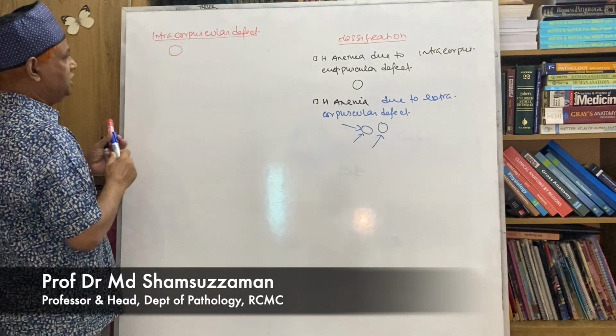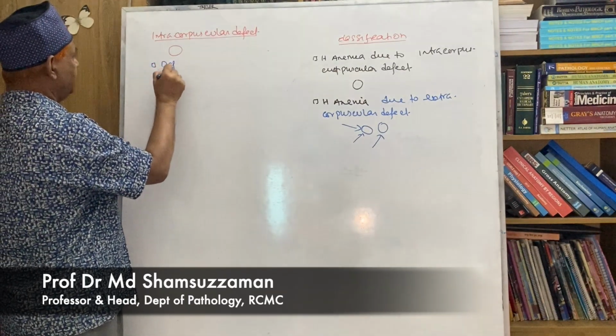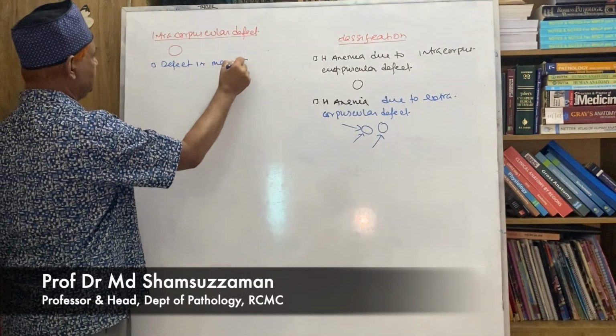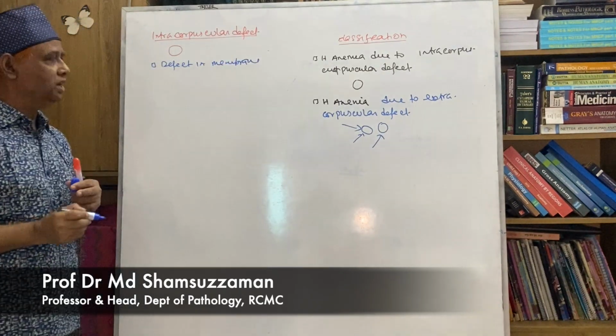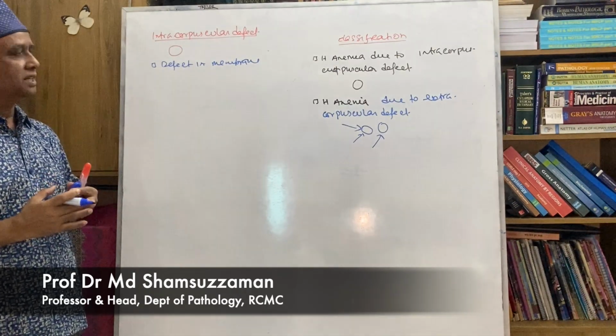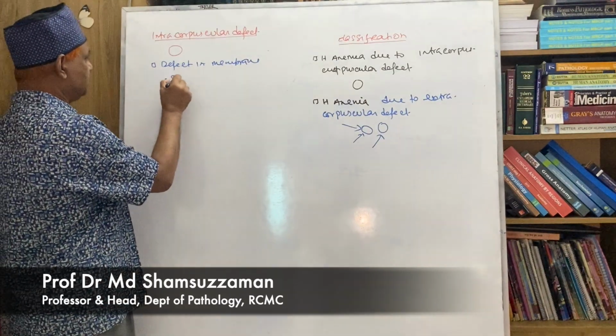First one, the defect may be within the membrane. Defect in the membrane of RBC may lead to hemolytic anemia. There are so many defects in the RBC membrane that are associated with premature massive destruction, like spherocytosis.